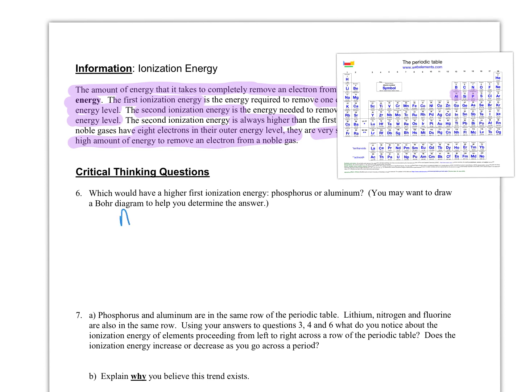So aluminum has 13 electrons and phosphorus has 15 electrons. So phosphorus has a pull of 15 protons in its nucleus.